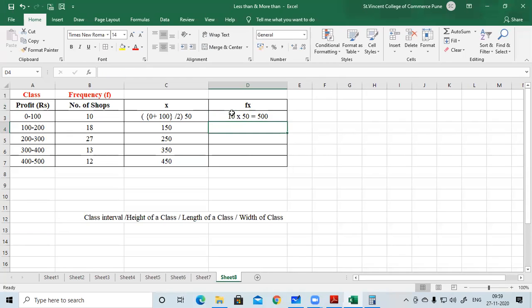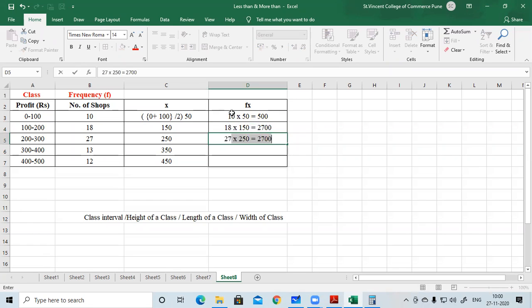Is this clear? Yes, sir. 18 multiplied by 150 is 2,700. Right.